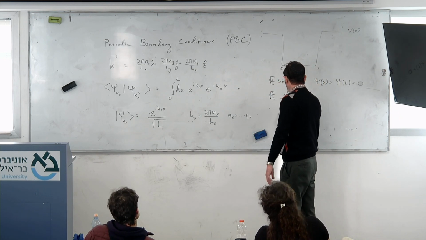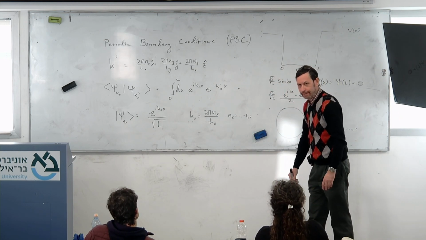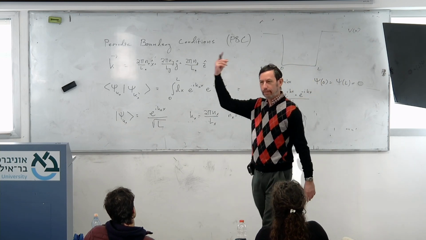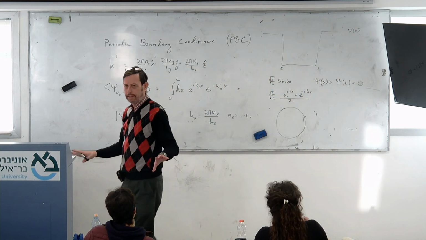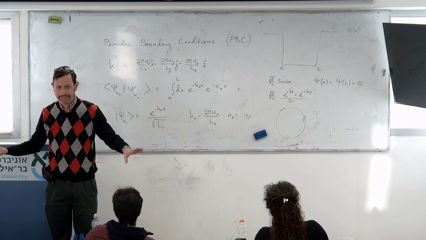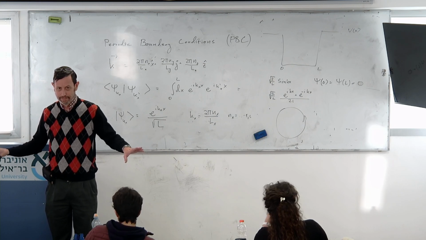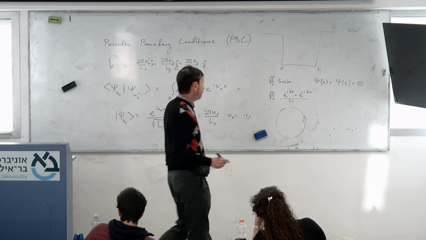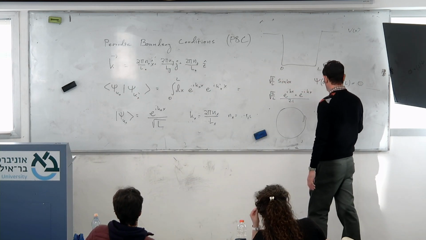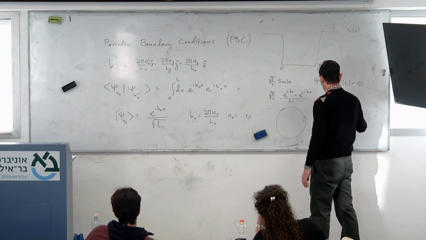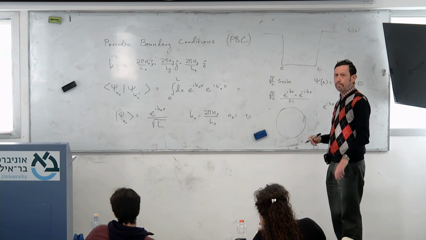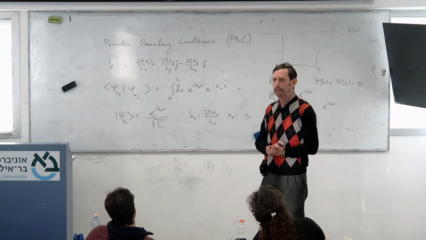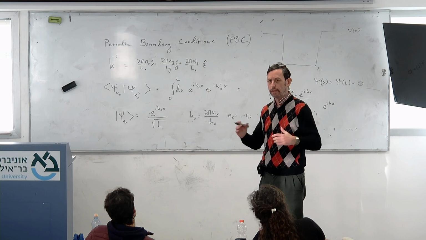On the other hand, if I'm on the ring, it can go around and around and around to its heart's content forever. No problem. On the other hand, what is the probability of finding it somewhere on this ring?